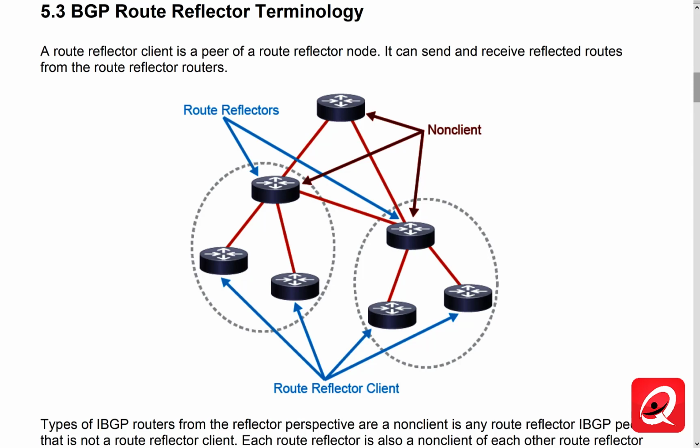All right. So a more scalable option is to consider the implementation of this route reflector technology. We configure routers as a route reflector, and by definition, they are allowed to propagate routes that are learned via iBGP to other iBGP peers within the autonomous system without violating that typical behavior.